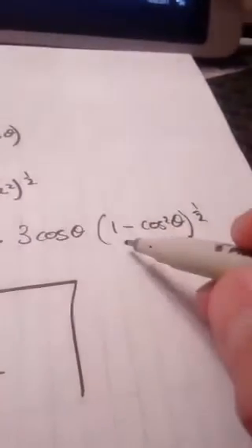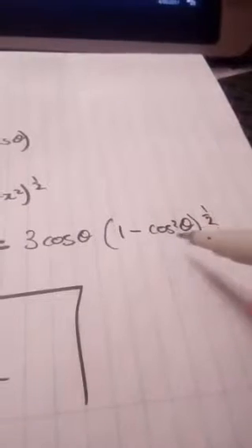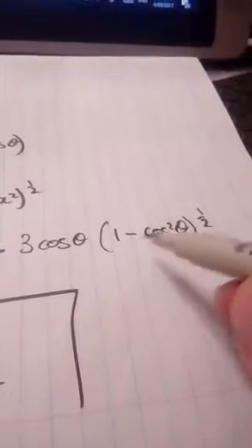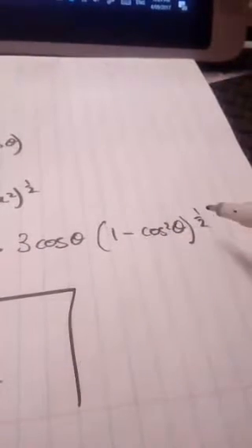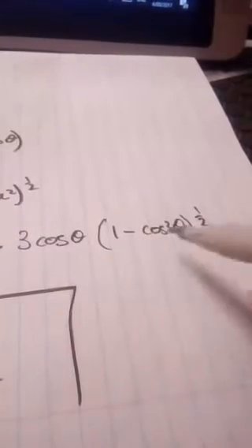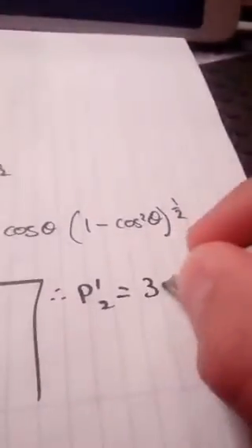If you know your trigonometric functions, you know that cos squared theta plus sine squared theta equals 1, which means that 1 minus cos squared theta is just going to be what? Sine squared theta. Well, if this equals sine squared theta and it's the square root of sine squared theta, then the square root of something squared is just the thing. So sine theta. So therefore, P12 equals 3 cos theta sine theta.